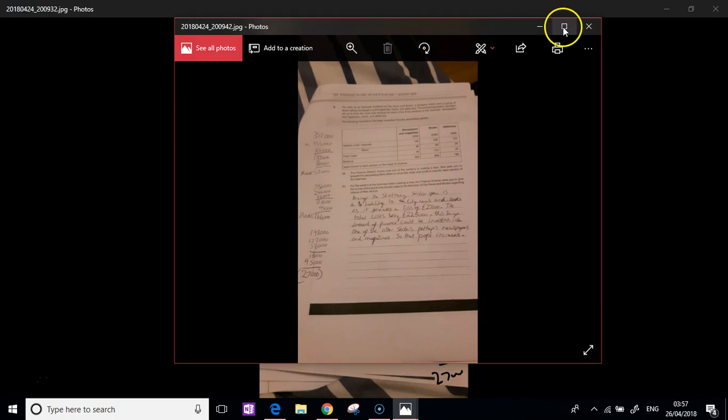Right, let's see if I can make this bigger so I can read what's happening here. Okay, so this is question 9. Right. Okay, good. So I think what they want you to do is kind of what you've done here on the side. But let me see if I can change my color.